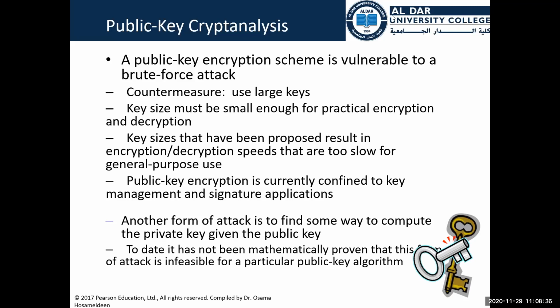It is also hard to invert given the image of a random input. It means that we cannot get x, which is the input, given the output, which is y.